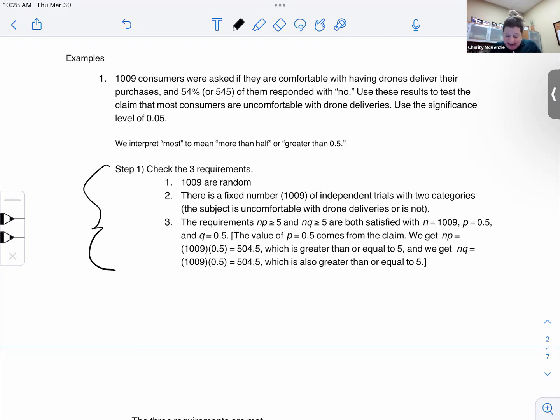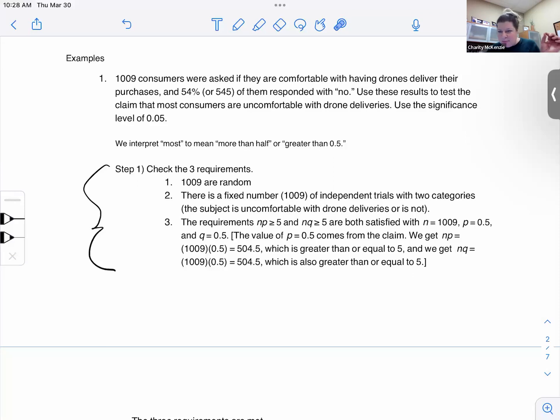Second, there's a fixed number of trials with either yes or no. You either went with the drone or you were against the drone. We had two things. We're good. Last one, however many people times the 0.5. And where does the 0.5 come from? It comes from the claim, because we're saying most people.